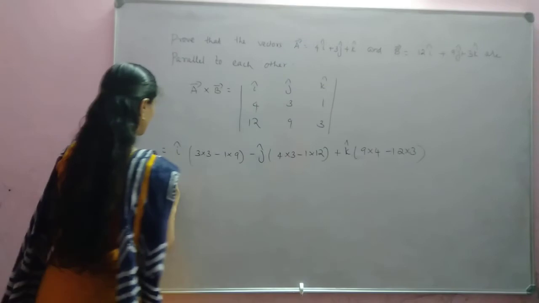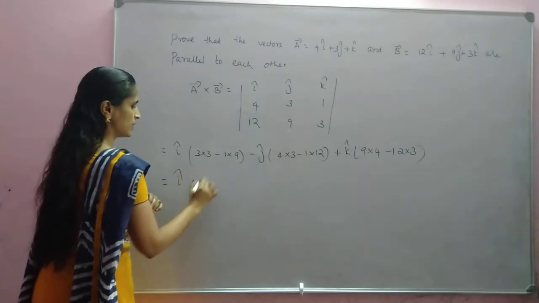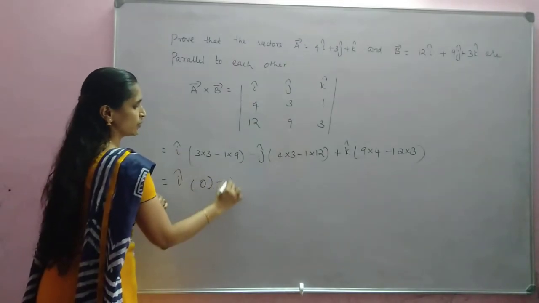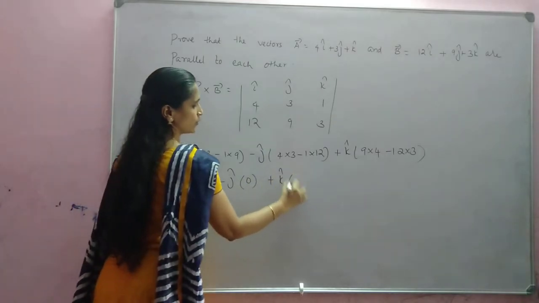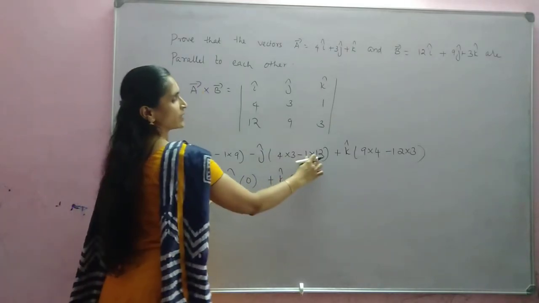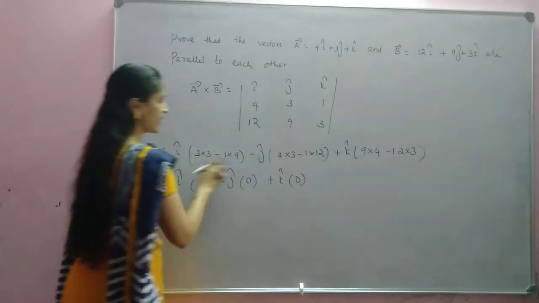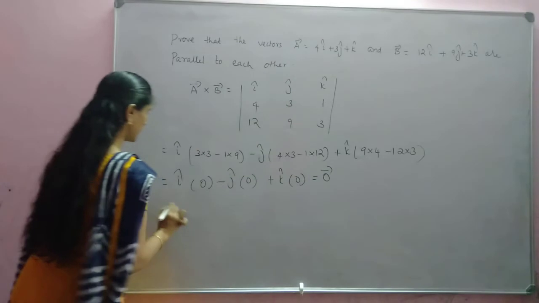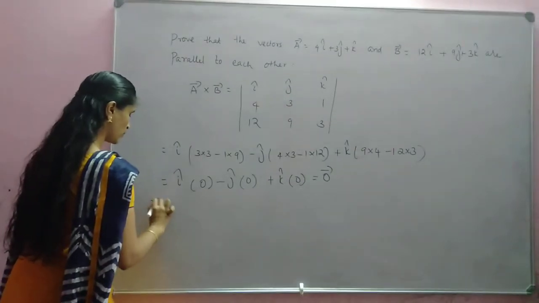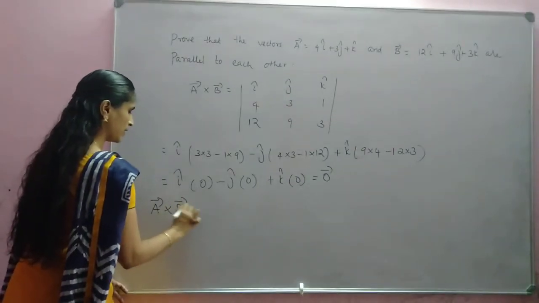You will get i cap into 0, j cap into 0, k cap into 0. 12 minus 12, 36 minus 36, 9 minus 9. So you got a 0 vector. You can write A cross B is equal to 0 vector.